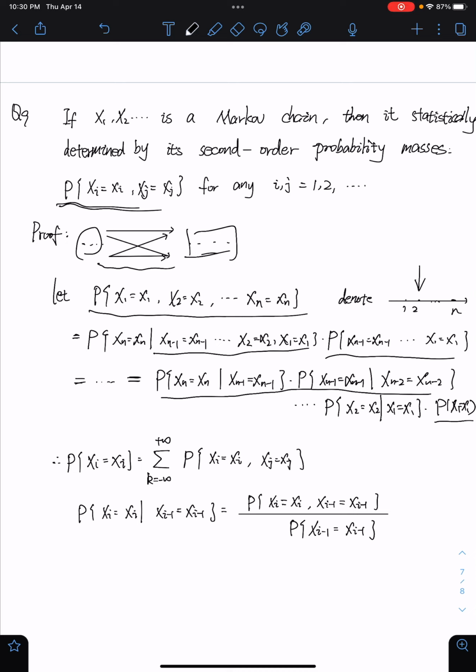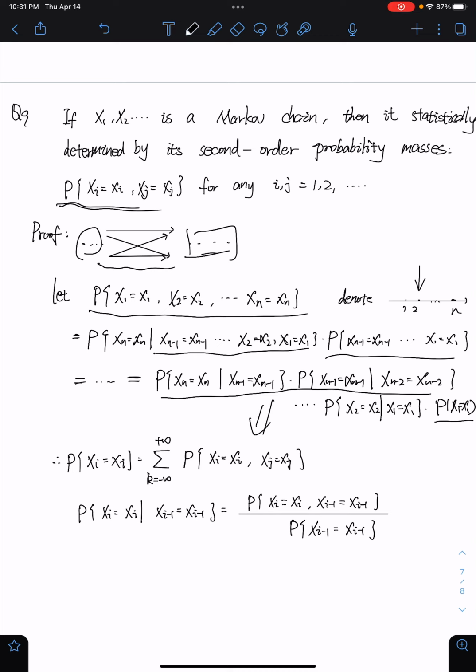And we can rewrite these functions as a summation. The probability of X_i equals x_i equals the summation over k from negative infinity to positive infinity of the probability of X_i equals x_i and X_j equals x_j, where i and j are integers.